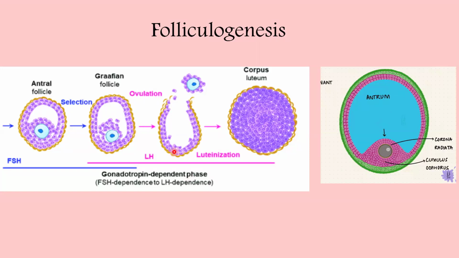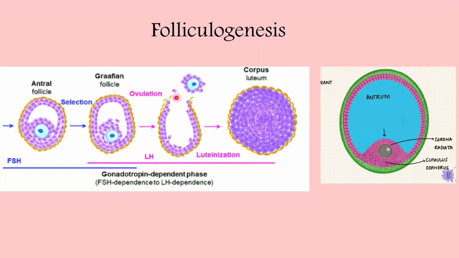Once ovulation is starting, the Graafian follicle, as we said before, presses up against the ovarian wall. When it presses up against the ovarian wall, the LH surge is going to produce cytokines and enzymes. Remember, it's going to loosen up the corona radiata, but it also does something else.